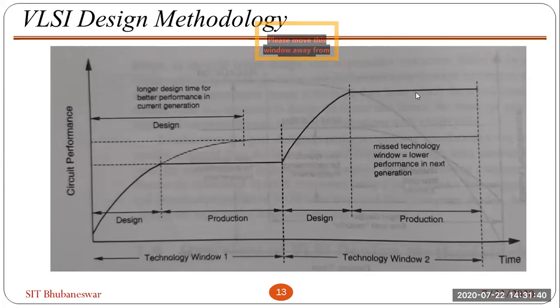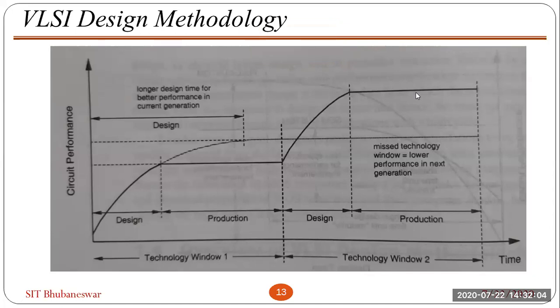So these are the methodologies. First is full custom and semi-custom: how you get the performance in full custom and how you get the performance in semi-custom. And the second thing is the technology window. If you complete all this within a technology window, then you are on the right track and you are capturing the market.